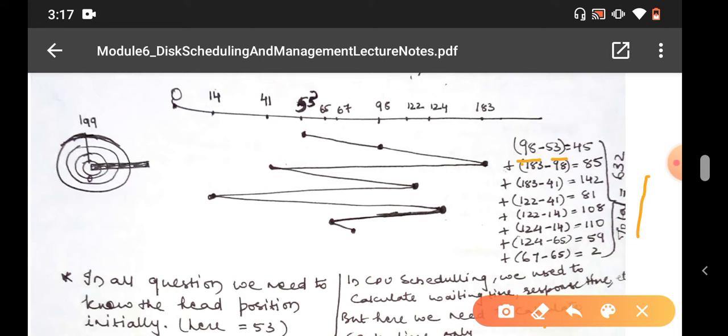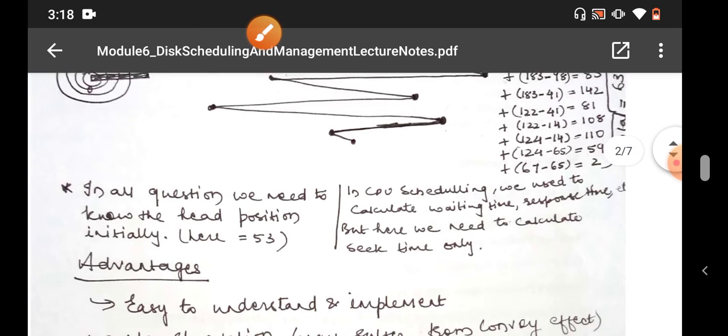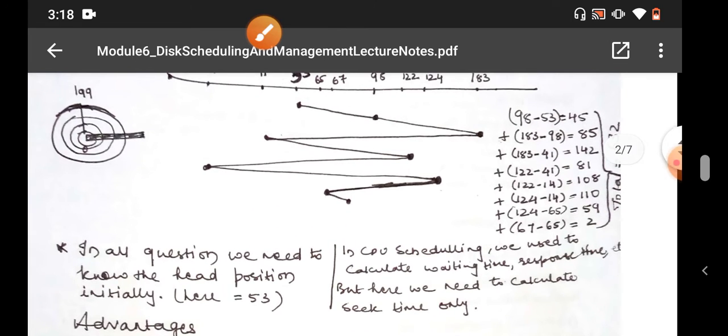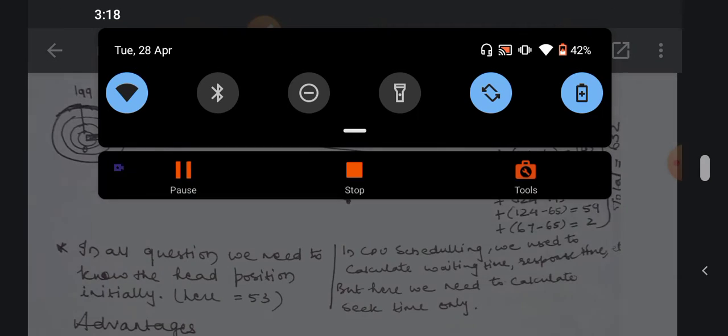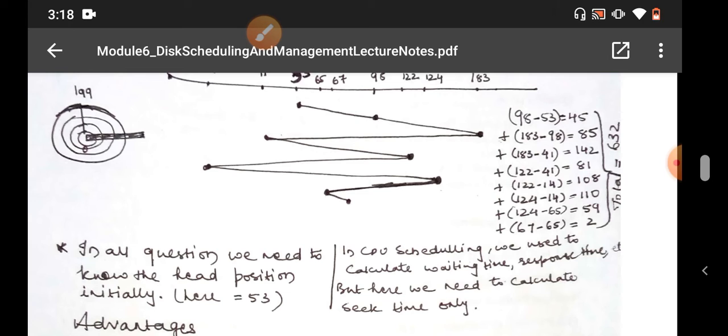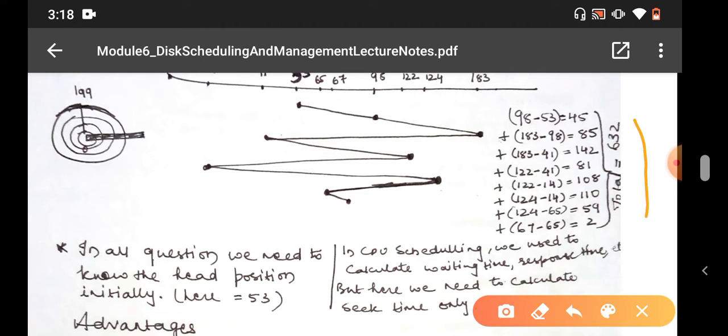Then 183 minus 98, that is the second request, and so on. We move on with this whole calculation for each and every request, and we get the total seek time to be 632. You can calculate this and check it by yourself.